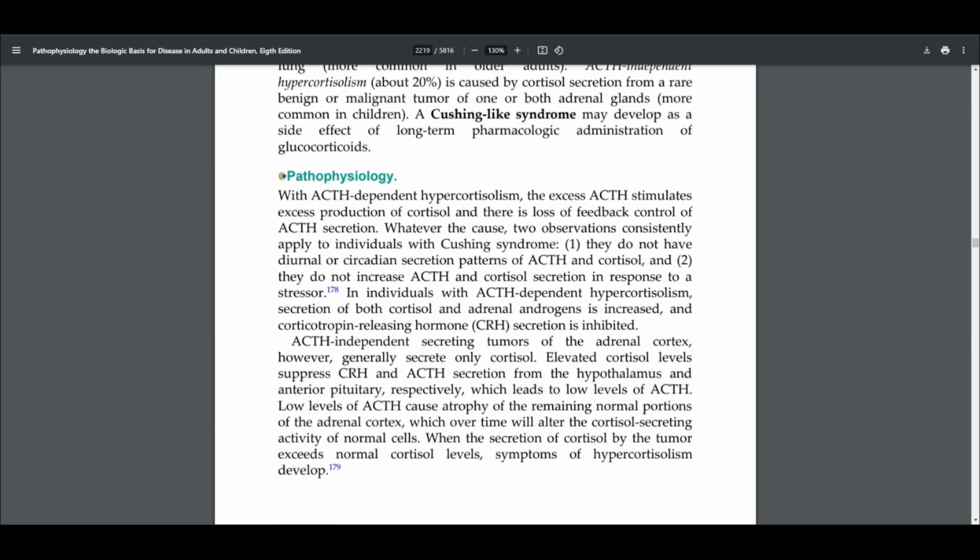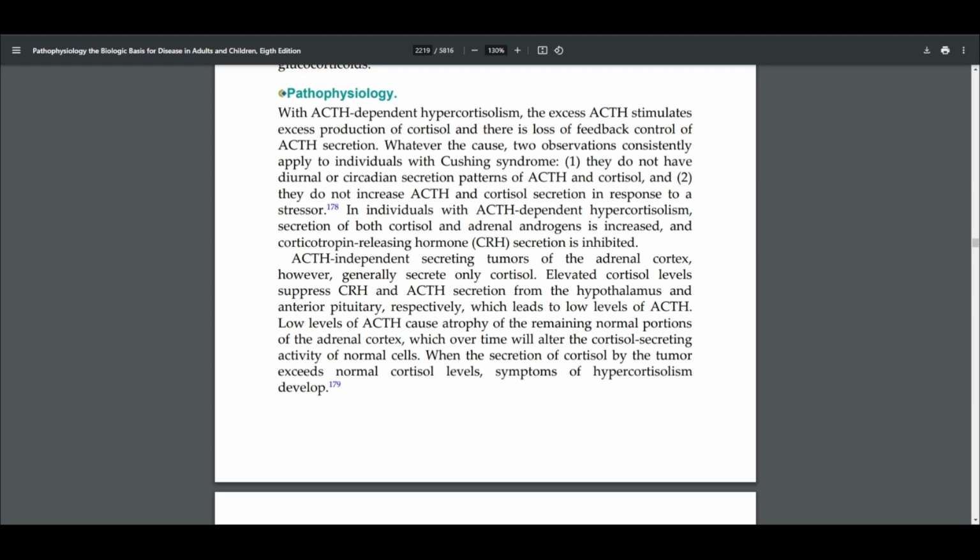So what's the pathophysiology? With ACTH-dependent hypercortisolism, the excess ACTH stimulates excess production of cortisol, and there is loss of feedback control of ACTH secretion. Whatever the cause, two observations consistently apply to individuals with Cushing syndrome: one, they do not have diurnal or circadian secretion patterns of ACTH and cortisol, and two, they do not increase ACTH and cortisol secretion in response to a stressor.